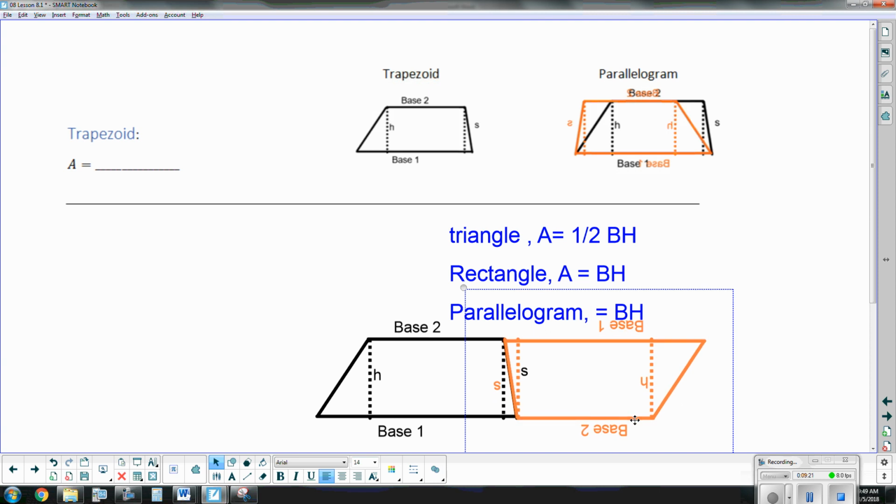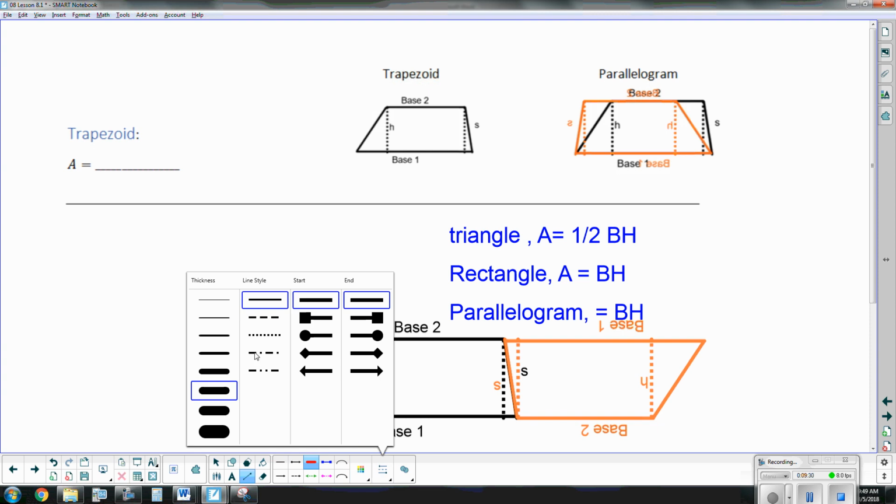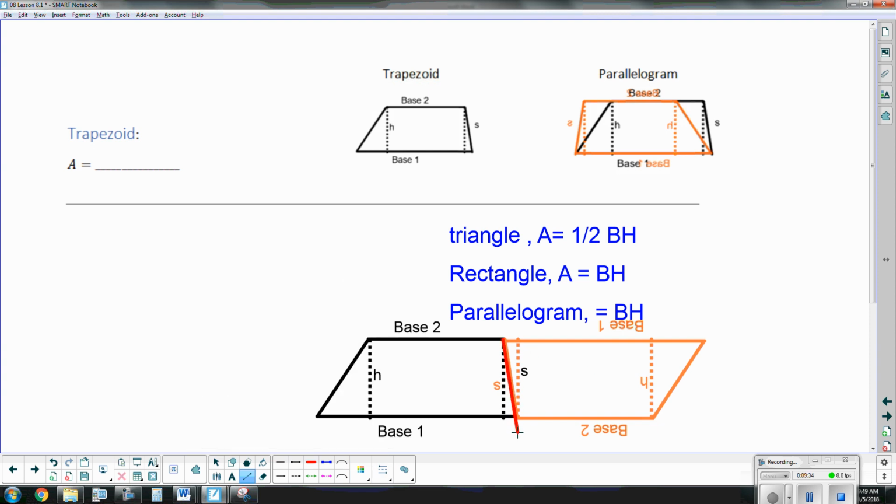So I just flipped this so that this side right here, S, this is the same. So I'm making it right now so that there's no overlap between my two trapezoids.